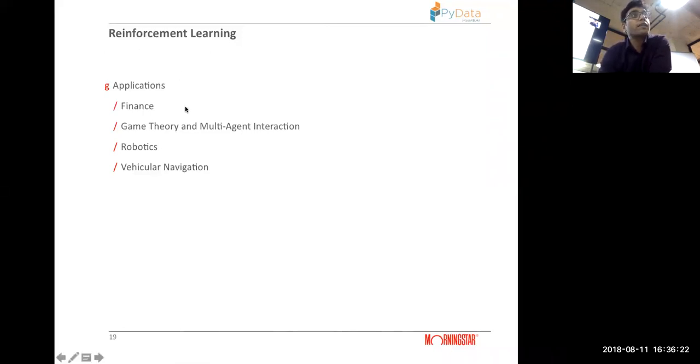So if there are a lot of agents participating in buying and selling of electricity, if it is given to reinforcement learning, it can actually find out ways to sell and buy electricity at lower price or higher price and make profit out of it. So we are talking about just one reinforcement learning agent, but a lot of reinforcement learning agents can interact together with each other, and that can be multi-agent interaction.